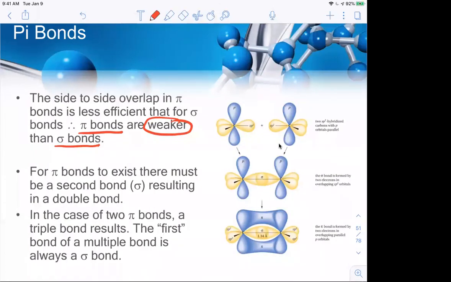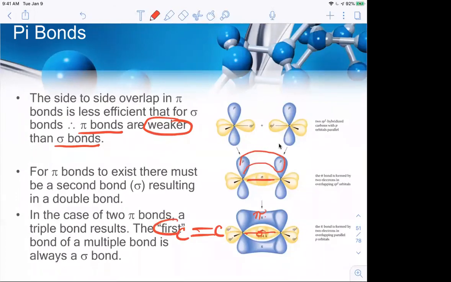So I have my sigma here, and then it's going to be the overlap of those p orbitals. This is my pi bond, above and below, and this is going to be my double bond. So if this is a carbon and this is a carbon, I have my double bond.